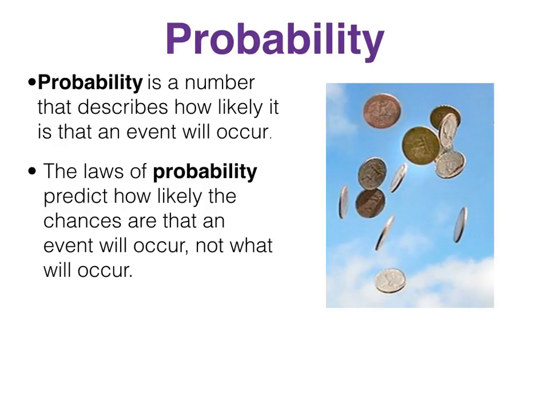The important thing to note with probability is that the law of probability predicts what is likely to occur and not actually what will occur. If you toss that coin 20 times, if you say it's a 1 in 2 chance, you may expect it to land heads up 10 times and tails up 10 times. But in fact, you may actually get 11 heads and 9 tails, or 8 heads and 12 tails.